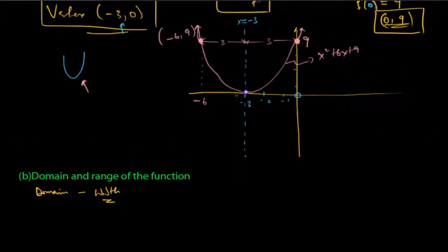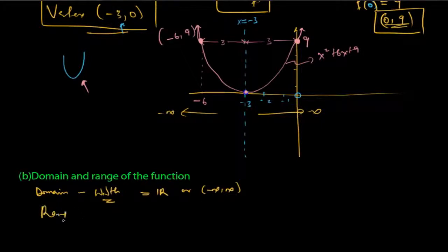Looking at the way the function goes, from this side it goes to -infinity, it keeps on going in this direction, the left hand side, and on the right hand side too, it keeps on going. So it goes from -infinity to infinity. So the domain of the function is the set of all real numbers, or you simply write -infinity to infinity.